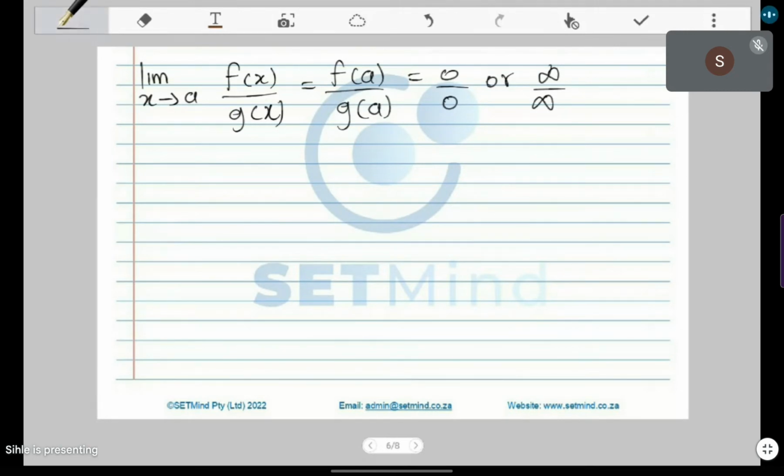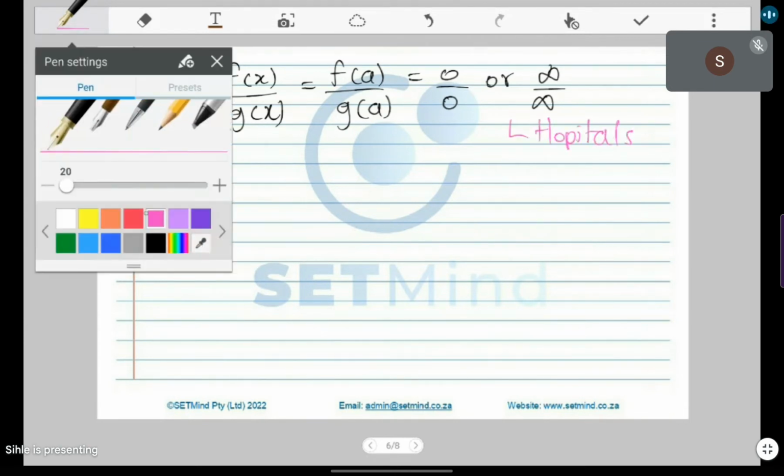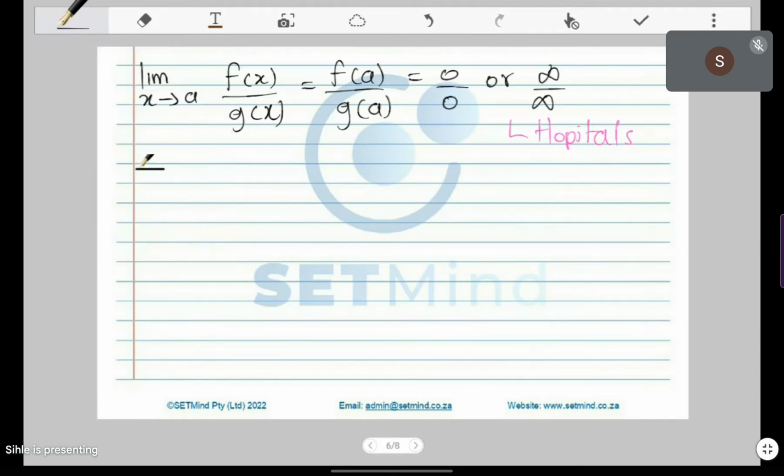What L'Hopital says is, try the limit again as we approach a. But now what you should do is derive the top function and divide by the derivative of the bottom function.